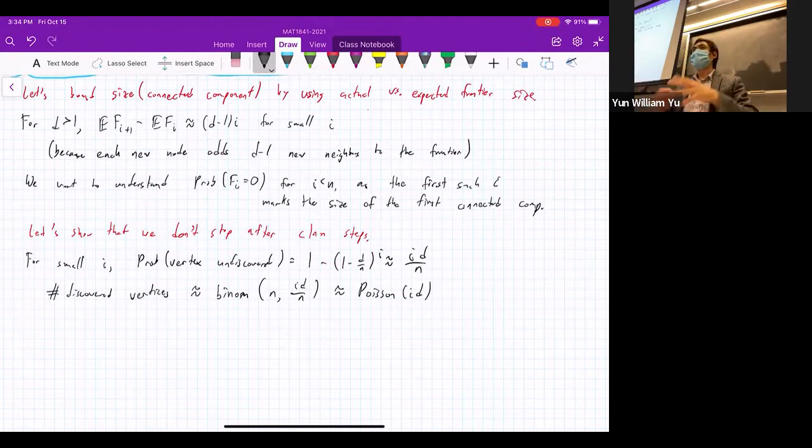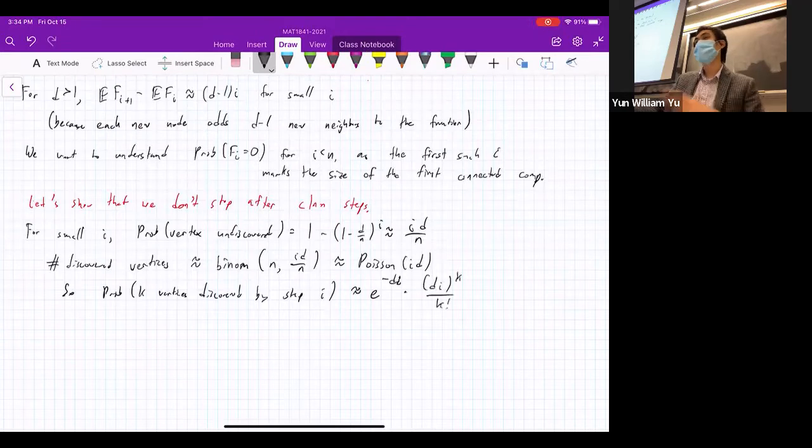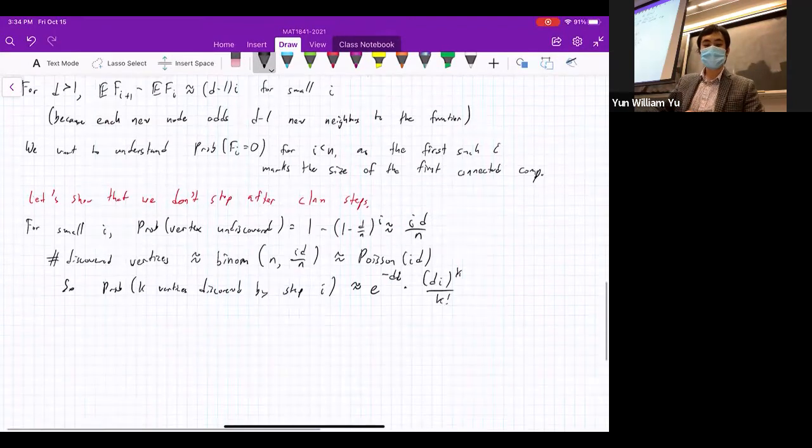Even though that's not quite the right percentage, in the small number regime that approximation is roughly close enough. So the probability that k vertices are discovered by step i is approximately e to the minus di times (di) to the k over k factorial. This is just the Poisson approximation that we're using.